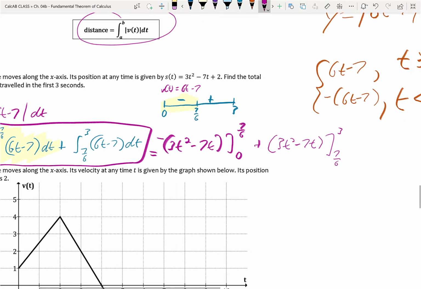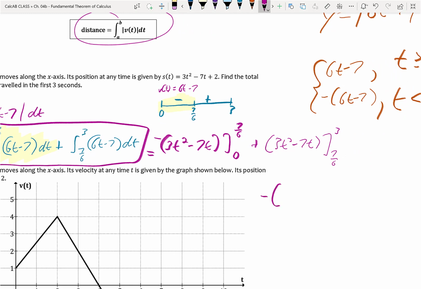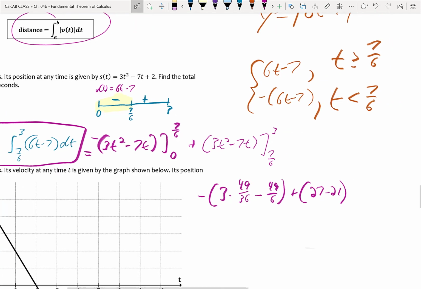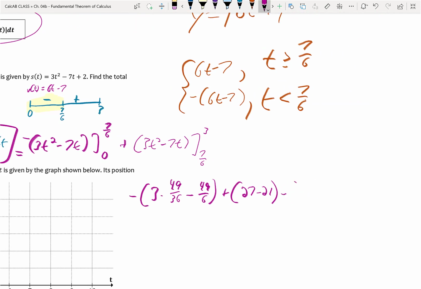Just for fun, let's try doing this without a calculator. Negative 3 times 7/6 squared is 49/36, minus 49/6, plus 3 plugged in gives me 27 minus 21. Then minus the same 3 times 49/36 minus 49/6.